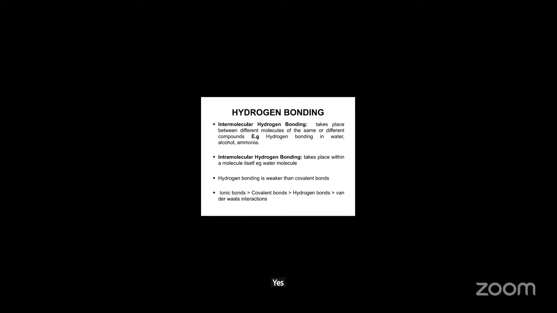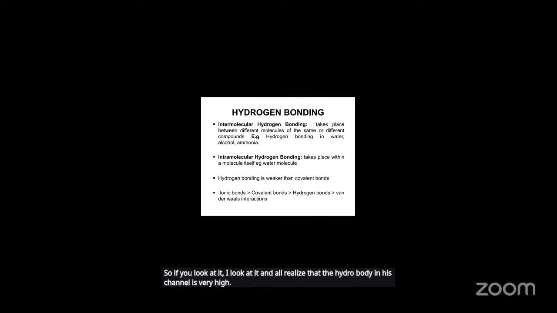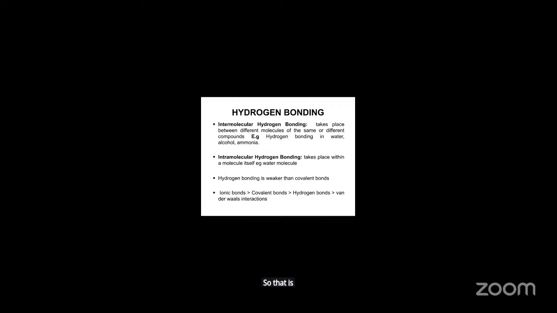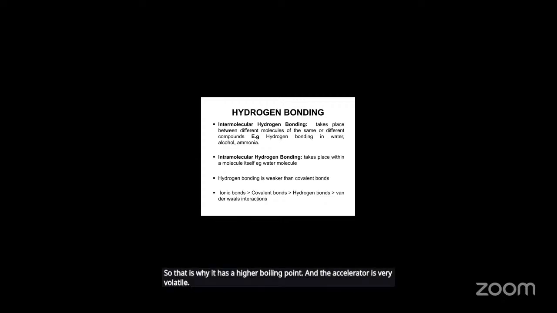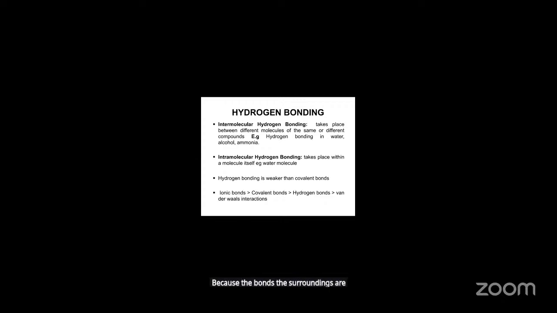So C2H5, oxygen in the middle, and then C2H5. So if you look at it and look at ethanol, you realize that the hydrogen bond in ethanol is very high. So that is why ethanol has a higher boiling point, and diethyl ether is very volatile because the bonds that surround this are non-polar bonding.